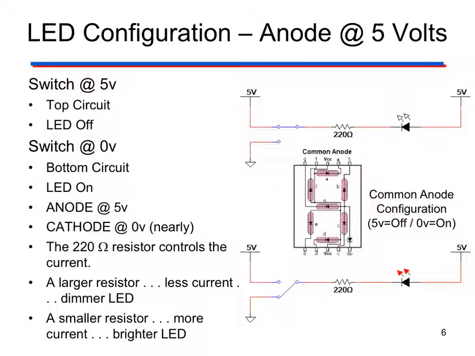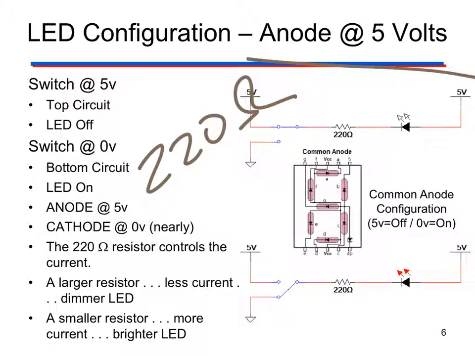Alright, I'm going to quickly talk about the anode. Well, let's do this. You're going to need a resistor, okay? And your most common resistor is going to be a 220 ohm resistor. That's what you're going to use. You want your display brighter, use a smaller resistor.